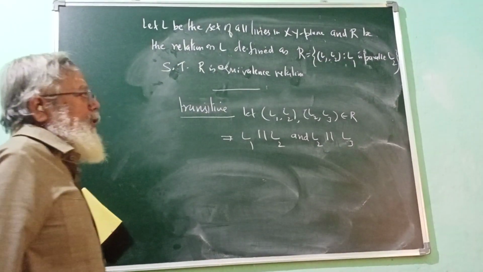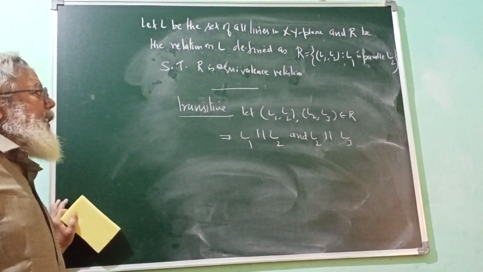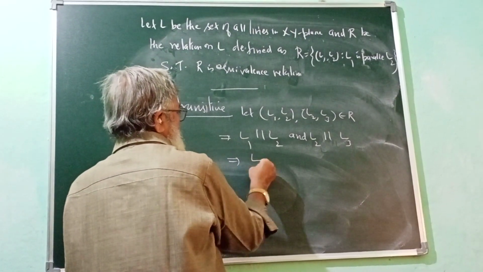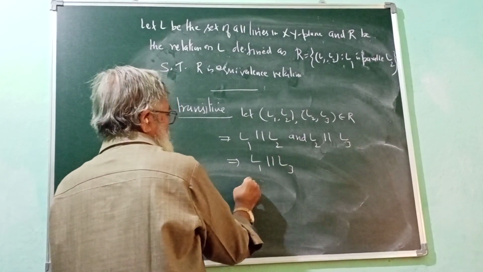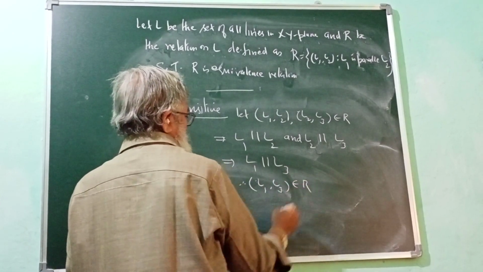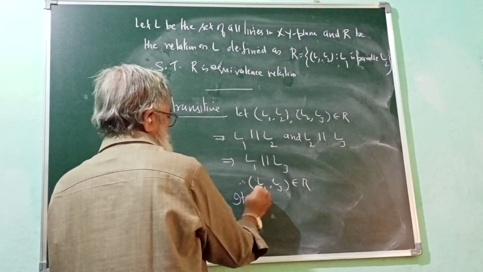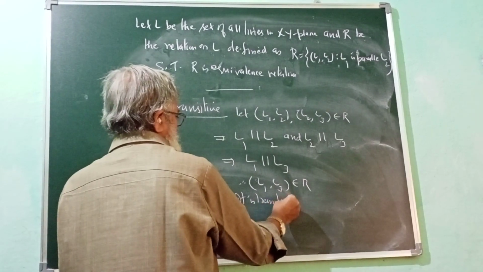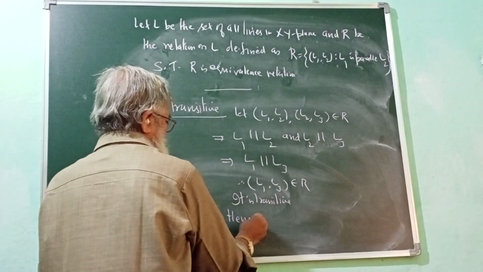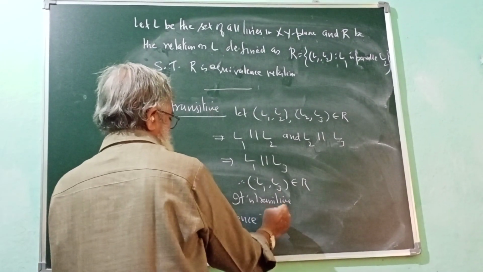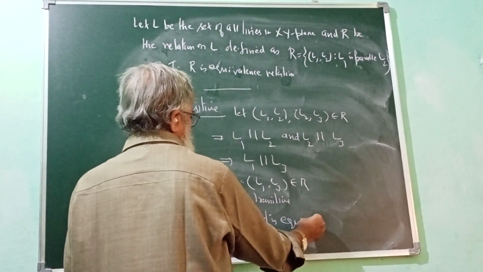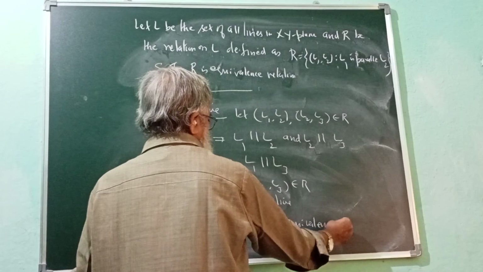When L1 is parallel to L2 and L2 is parallel to L3, it automatically means that L1 is parallel to L3. Therefore, (L1, L3) belongs to R. It is transitive. And it is an equivalence relation because it has all three properties.